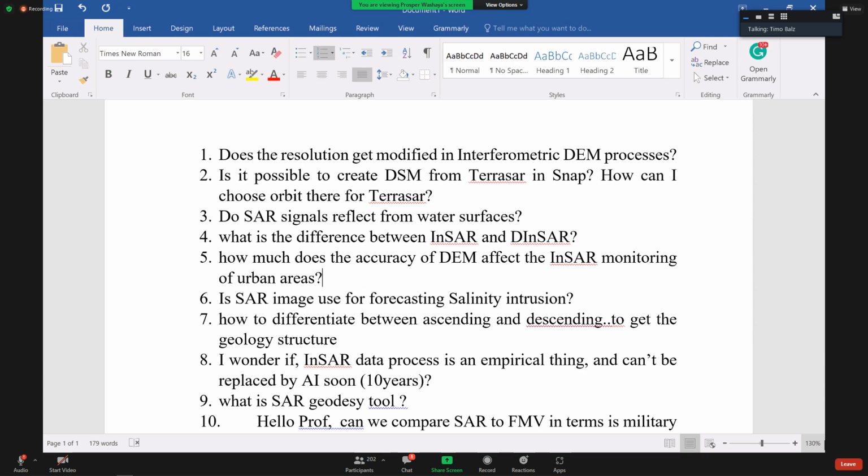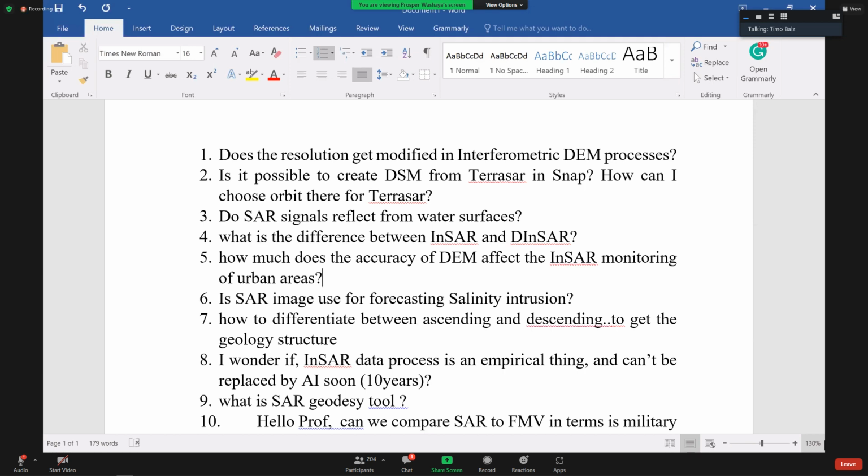Do SAR signals reflect from water surfaces? The answer is yes, but they are going to reflect away from your sensor. So you have a side-looking system. This is my water.